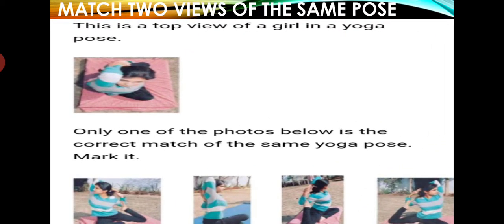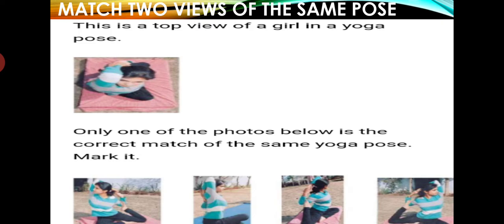Next, match two views of the same pose. So this is the top view of a girl in a yoga pose. Only one of the photos below is the correct match of the same yoga pose. Mark it. One girl is there in a yoga pose and 4 photos are given below.